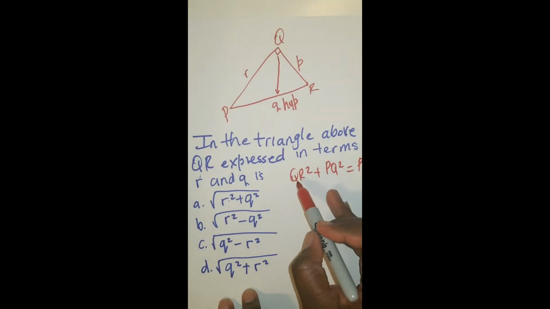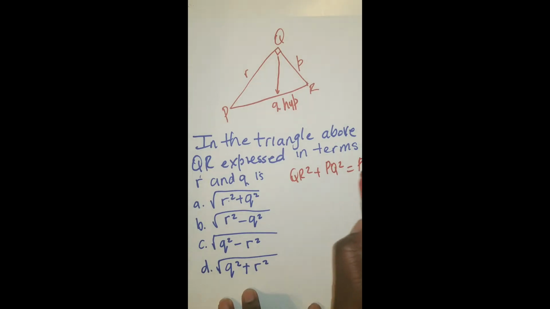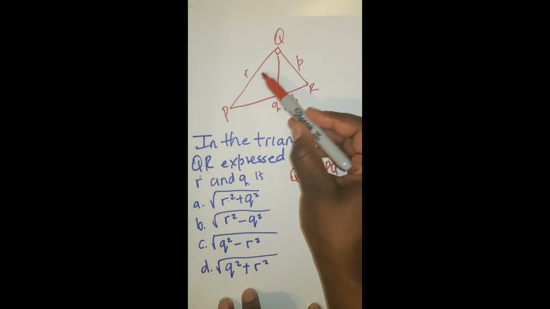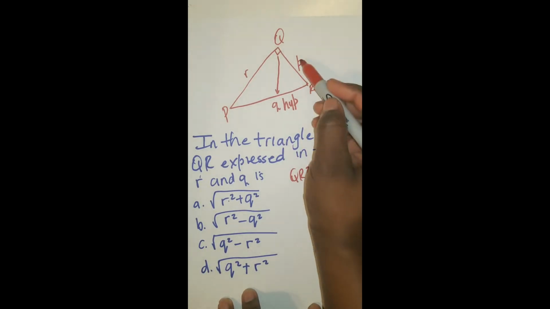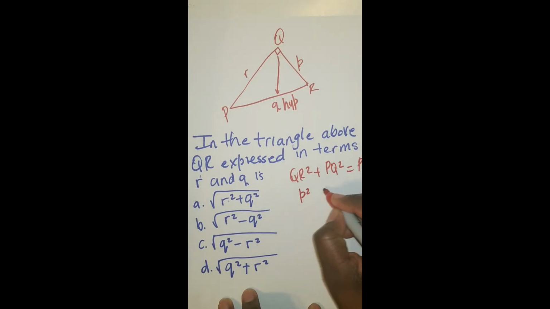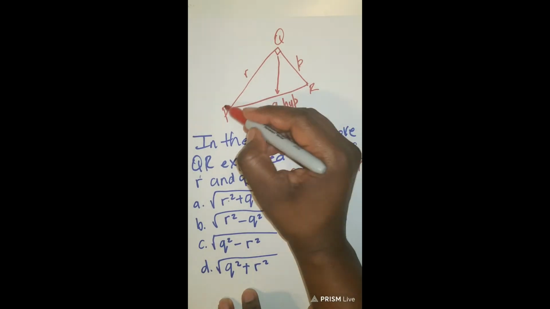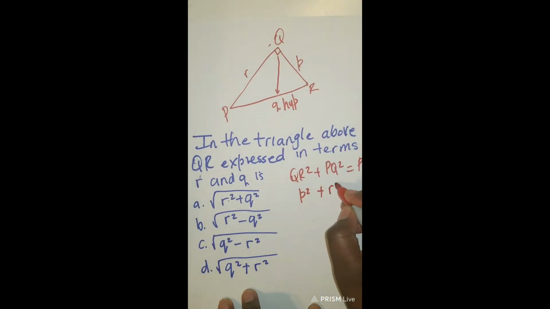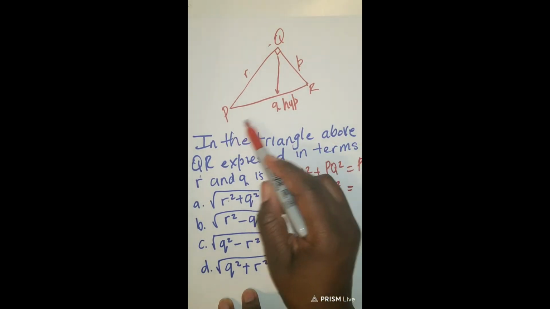Instead of having QR and PQ and all these capital letters, I'm going to use common letters. So QR is P, so P squared plus PQ squared, PQ, that's R squared, is equal to PR.